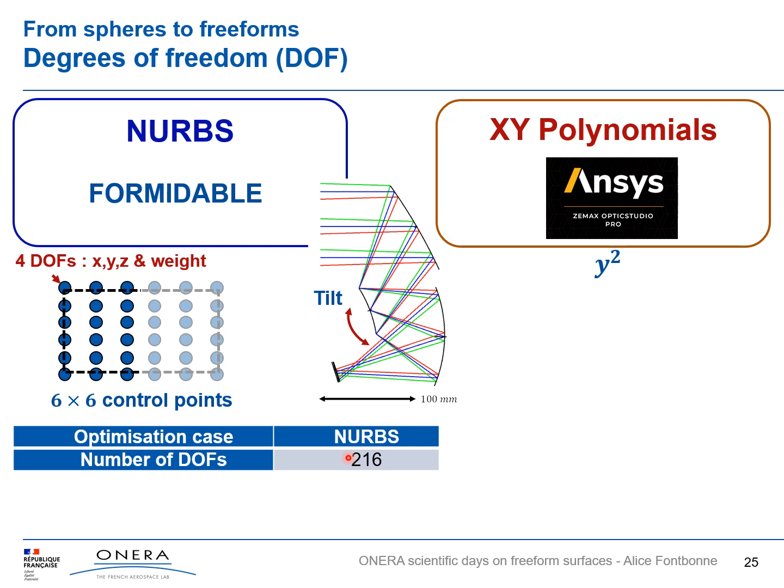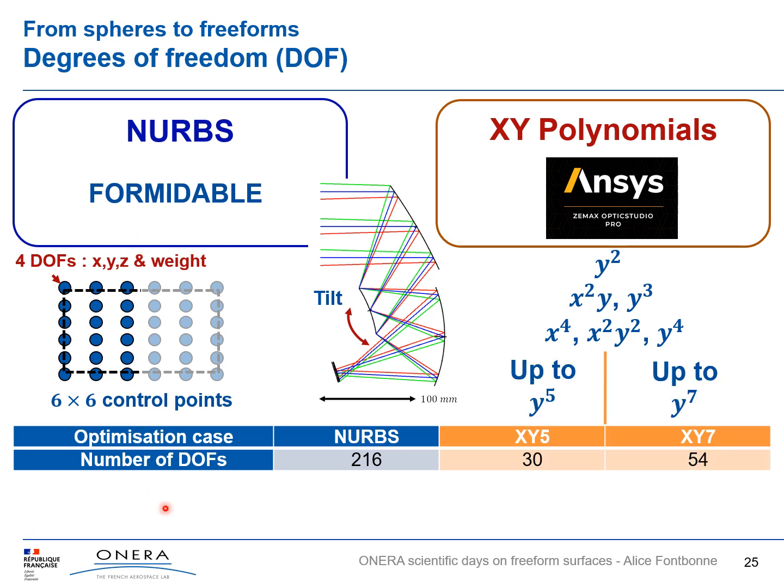And now with XY polynomials, we use the coefficient of y2 as degrees of freedom, and the same for degree 3 and the same for degree 4, and these are the only parameters that we use for the optimization, because also we want the surface to be symmetric along the x-axis.